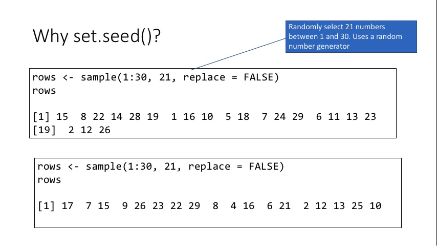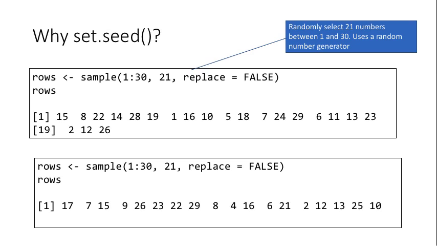Now this is fine, except that sometimes you want your work to be replicated. In other words, you do something and I want to reproduce your results. In that case, this approach will not work, right? Because I will not be able to replicate what you did, because my random numbers are going to be different than your random numbers. So set.seed comes into play only in situations where you want the random numbers to be replicated exactly.